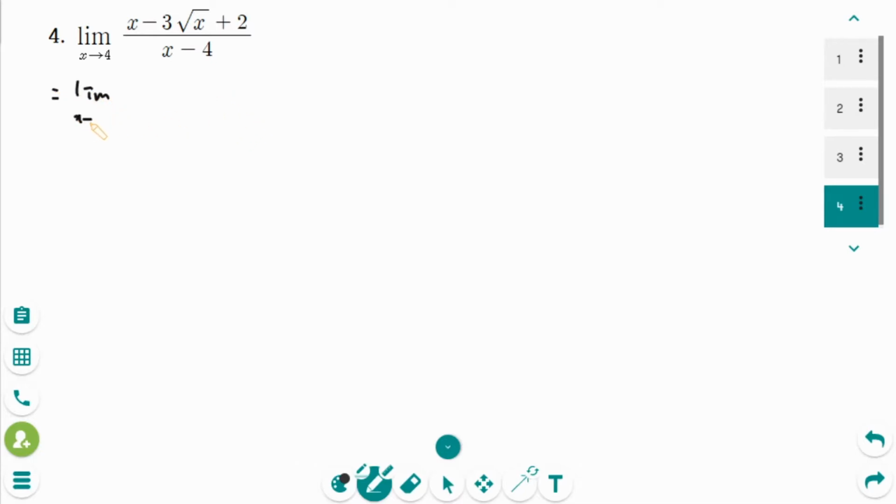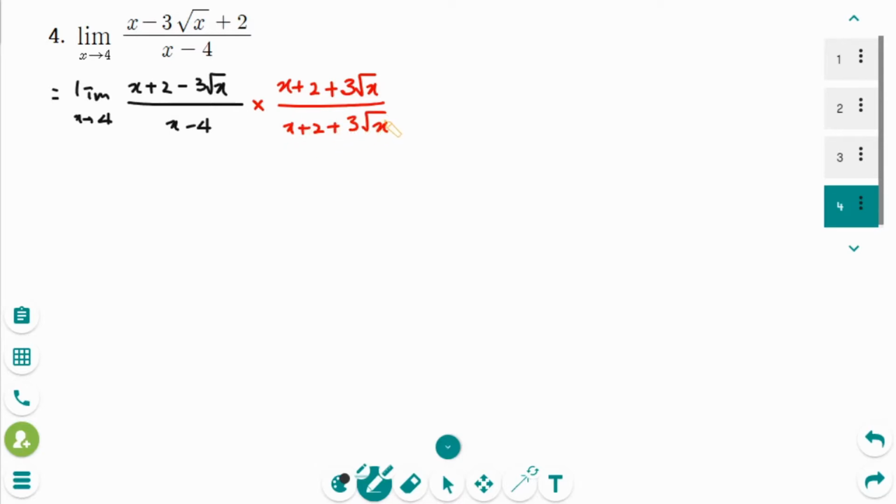Change the order in the numerator to rewrite it as x plus 2 minus 3 square root of x. So the conjugate is (x plus 2 plus 3 square root of x) over (x plus 2 plus 3 square root of x).